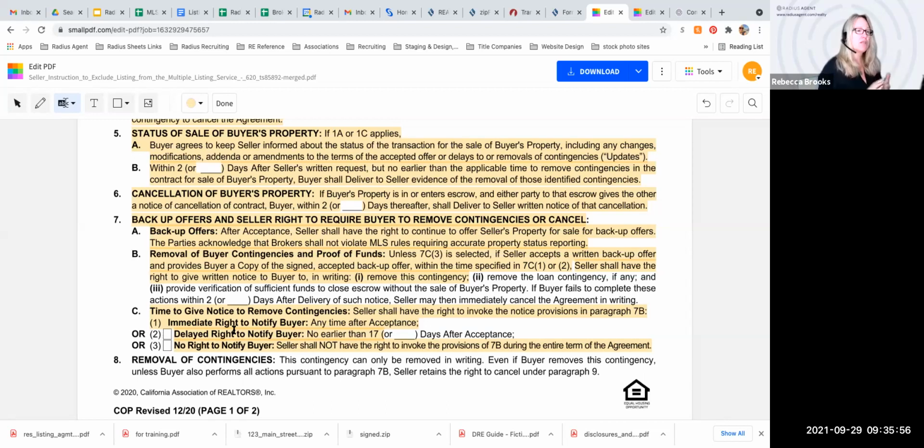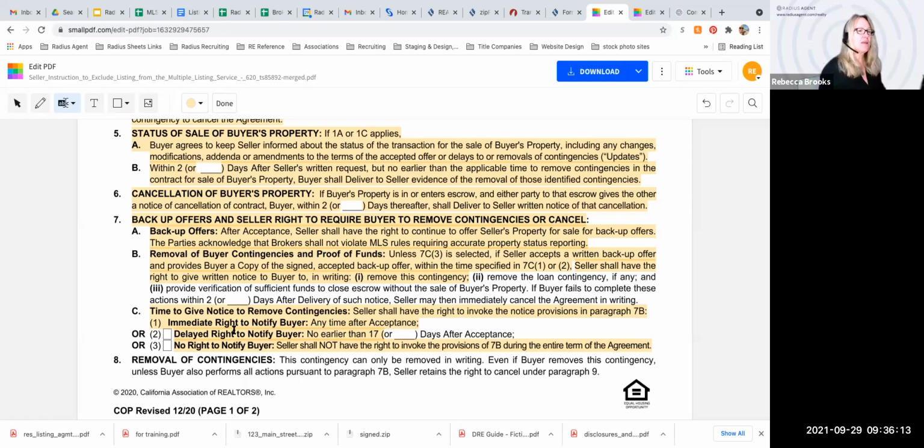You never want to be given the notice to perform and remove this contingency. Okay, you always want to be able to be the primary buyer, and you don't want the seller to kick you out.